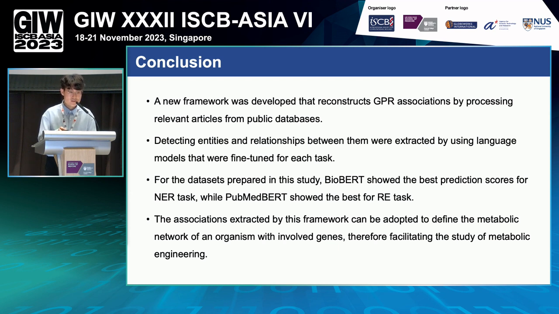For the datasets prepared in this study, BioBERT showed the best prediction scores for the NER task, while PubMedBERT showed the best for the RE task. And we expect that the results extracted from our system can expand the scope of the metabolic network of a cell, and therefore facilitate the study of metabolic engineering.